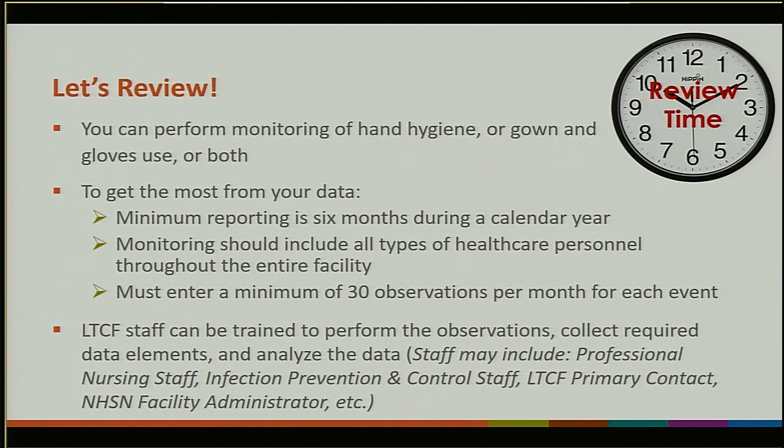Also, long-term staff can be trained to perform the observations, to collect required data elements, and to analyze the data. So it's always good to have a second pair of eyes or hands, two, three, or more, to assist you with this collection process.